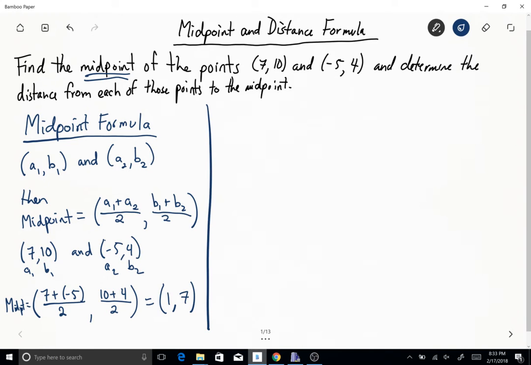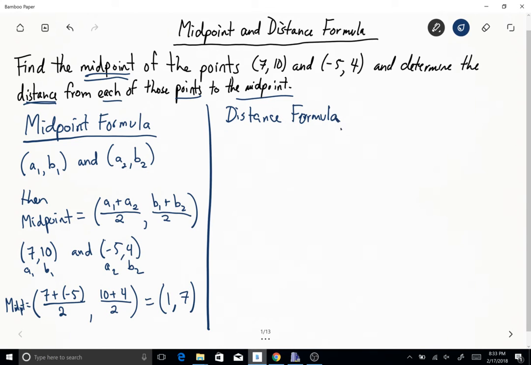And then the second part asks about the distance from each of these points to the midpoint. Now, if it's a true midpoint, the distance should be the same, and that's what I'm going to try and show here. Here's another formula that you might want to write down for yourself. It's the distance formula. All this comes from is basically the Pythagorean theorem.